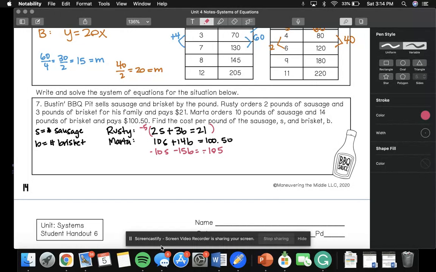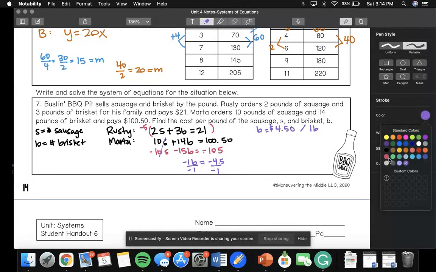Okay, so now my sausages will eliminate. 14 briskets minus 15 briskets would be -1 brisket. $100.50 minus 105 would be -4.5. Okay, divide by -1, so B equals 4.5. That means it is $4.50 per pound.